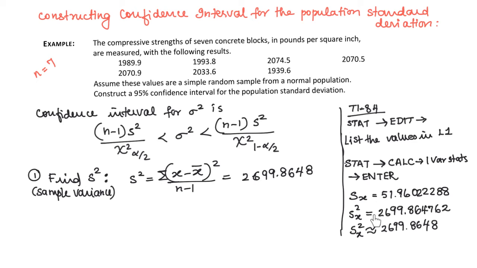Then if you square that, you will get the sample variance. So here I didn't round this Sx, I used the entire value with all the digits, then I squared that. Then I round the final answer only.